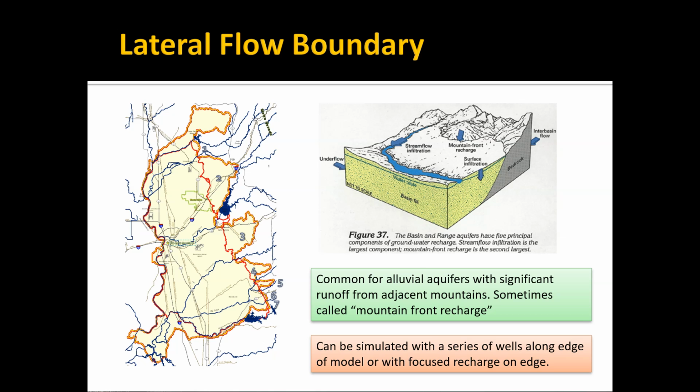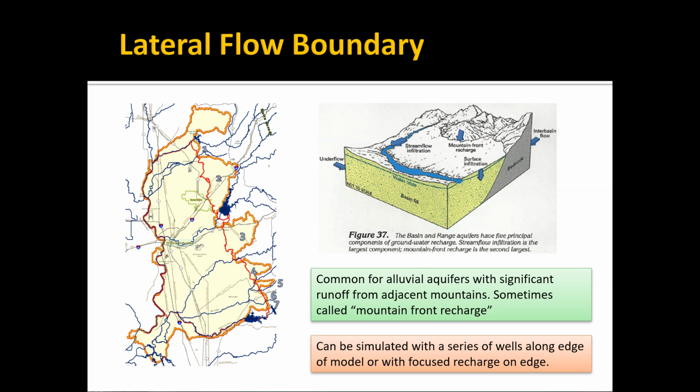Okay. The next kind of boundary condition, I believe in my intro slide I referred to it as a specified flow boundary. And in the title here I'm calling it a lateral flow boundary. Basically, again, we're talking about what you apply to the edges, the outer edges, the boundaries of your model.